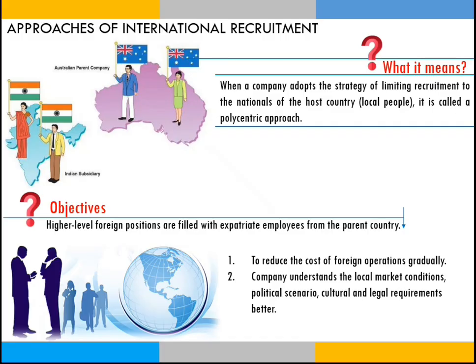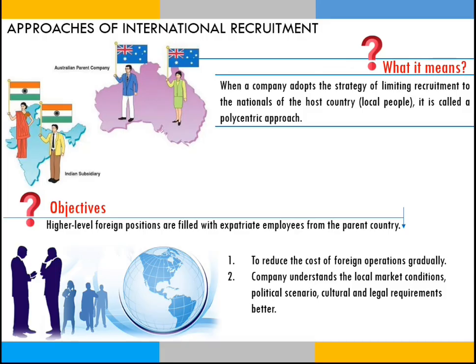But when you look at India's map, people in India's map are actually from India itself. They're holding Indian flags. Unlike the previous ethnocentric approach, where both in the home country as well as the host country, people were holding US flags, here, as you can see, from the home country, people are holding Australian flags.